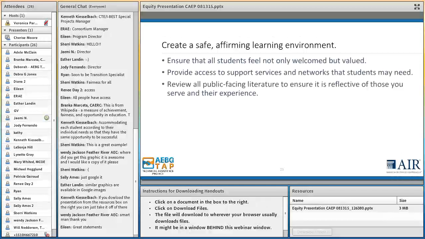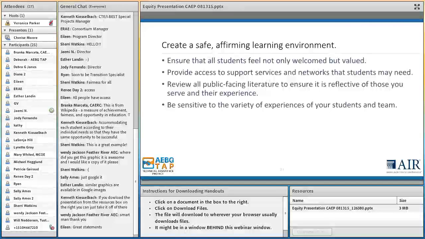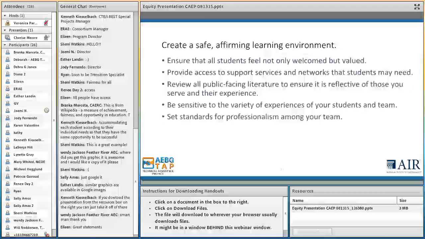Creating this safe, affirming learning environment. So here, our goal is to recognize again how hard it is for our students to just get there. And this says making sure not only that they're welcome, but that they're valued. I will share an example from an administrator who I was talking with the other week.